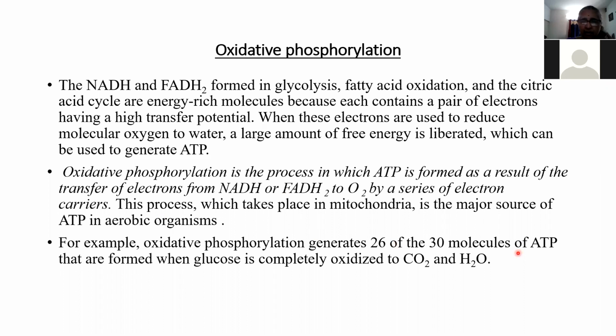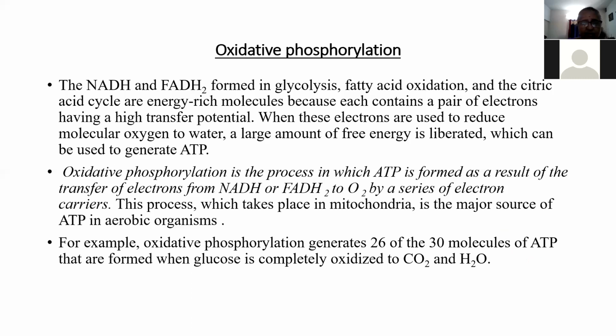We know that 38 molecules are generated when one molecule of glucose gets oxidized to carbon dioxide and water, out of which 26 are generated by oxidative phosphorylation. So you can see the major amount of ATP is obtained from oxidative phosphorylation and not substrate level phosphorylation. But you should know that there is substrate level phosphorylation as well.